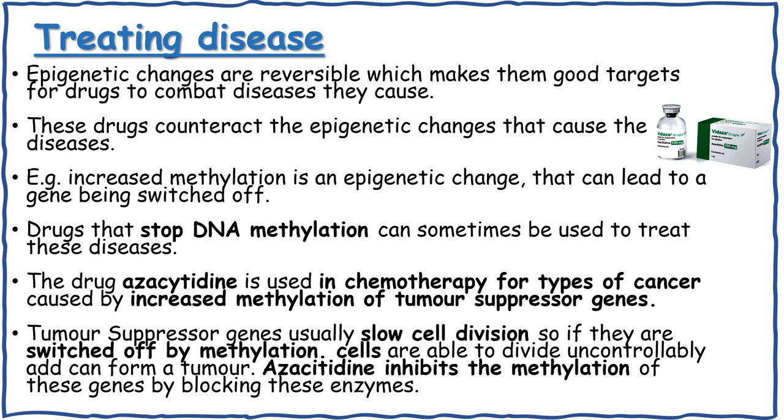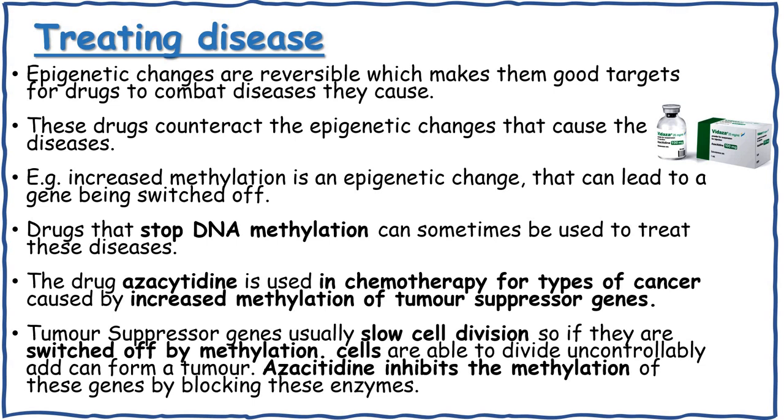Treating disease. So epigenetic changes are reversible, which makes them good targets for drugs to combat the diseases they cause. These drugs counteract the epigenetic changes that cause the disease. For example, increased methylation is an epigenetic change that can lead to a gene being switched off. Drugs that stop DNA methylation can sometimes be used to treat these diseases.